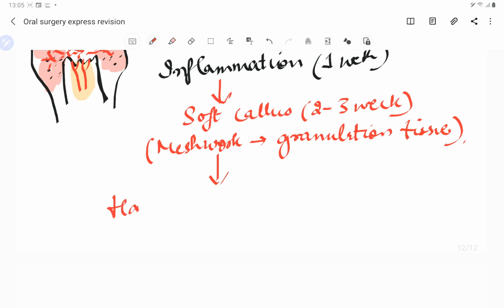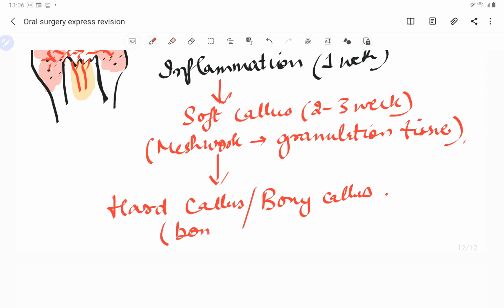We call it the hard callus formation, or you can say the bony callus. This is the process wherein the bone formation takes place. It can be in two ways, either intramembranous ossification or endochondral bone formation.